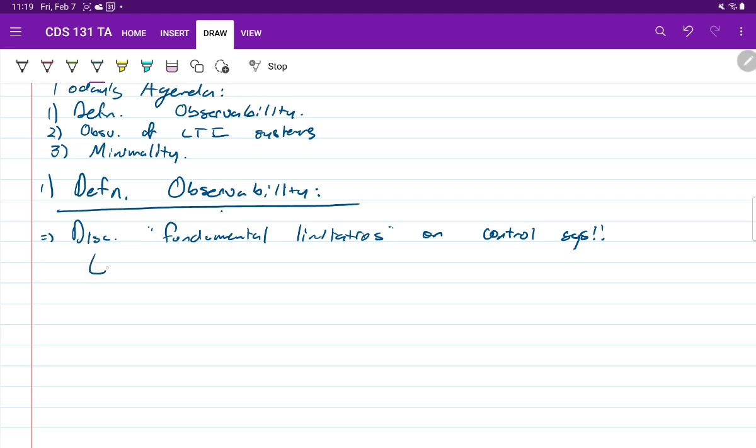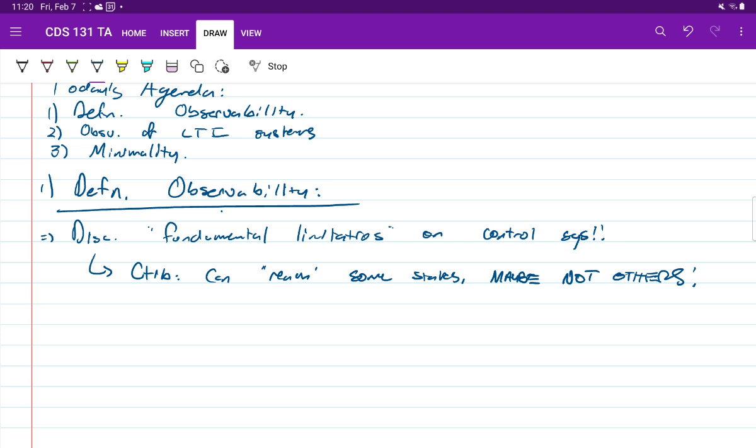So controllability is can reach some states, maybe not others. This was one example of a fundamental limitation on a control system. Maybe we could get some place in our state space, but not to some other place.